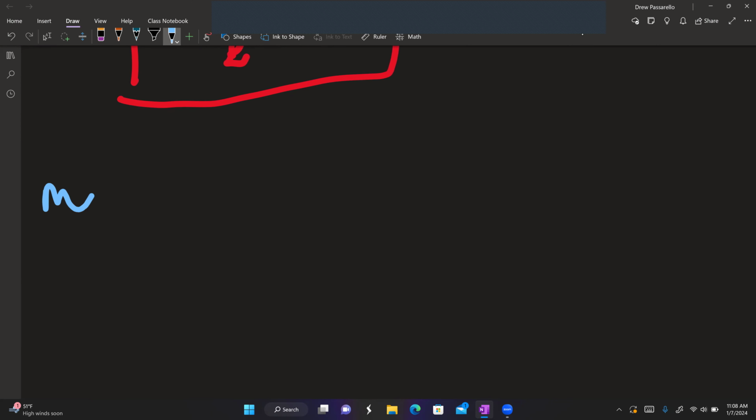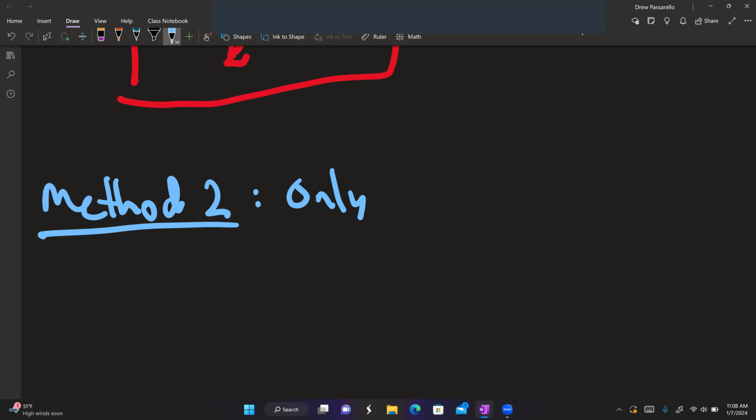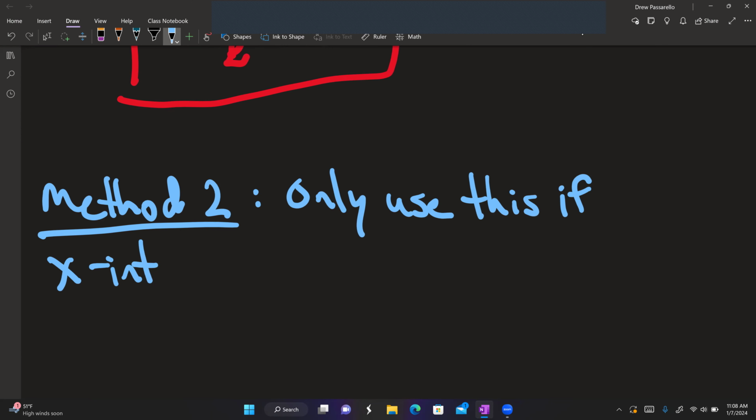So method 2, really I only use this if the x-intercept and y-intercept are the same point.